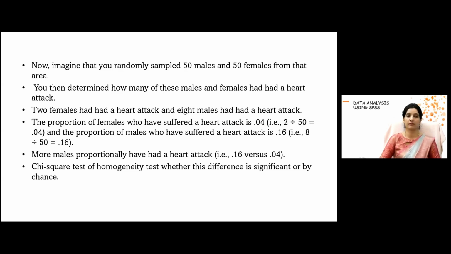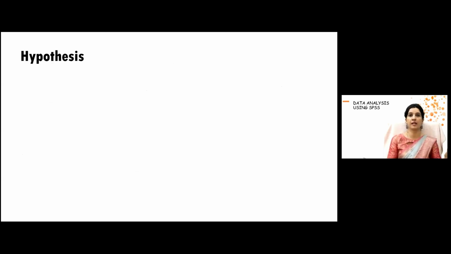So we can say that more males have had a heart attack, 0.16 versus 0.04. The chi-square test of homogeneity tests whether this difference is significant or by chance, right? Because you can see there are 2 proportions, 16% and 4%. These are quite different. So whether this difference is significant or not, we test by the chi-square test of homogeneity.